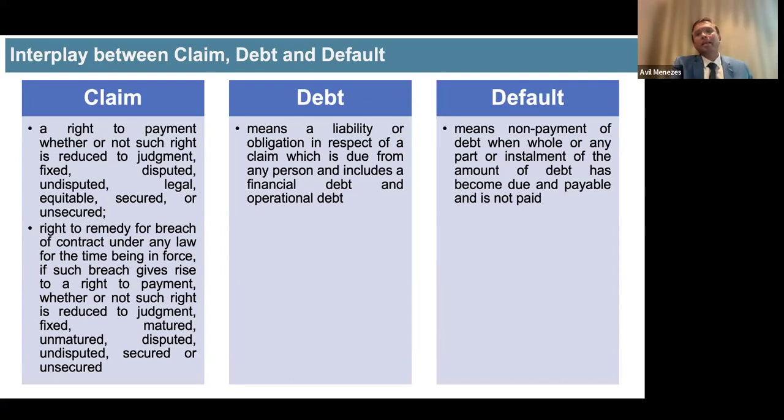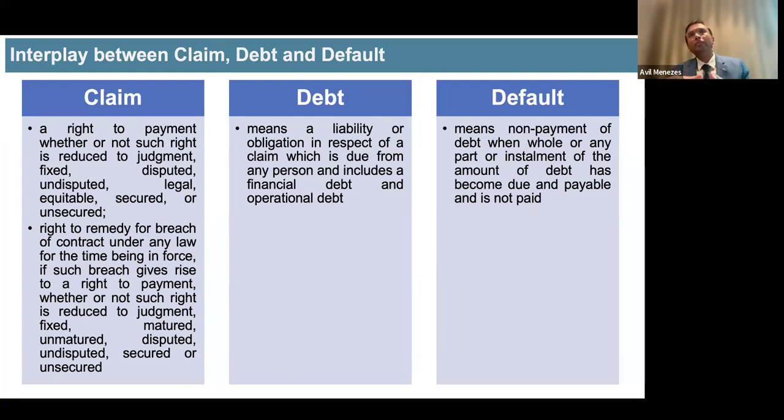Claim essentially would mean a right to payment. Obviously, as in the example I have given, you've given me goods on credit for 90 days. You have a right to payment, but the payment will only fall due on the 90th day. And on that day, it becomes a liability, an obligation in respect of the claim.